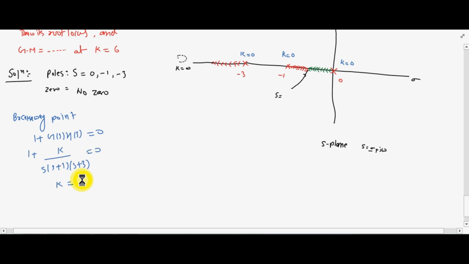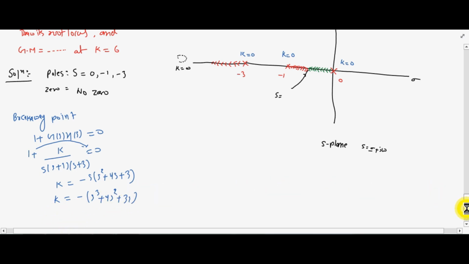Then we can write k is equal to minus s into s squared plus 4s plus 3, which means moving k to the other side with a minus 1 and multiplying with this quantity. Now k is minus s cube plus 4s square plus 3s.